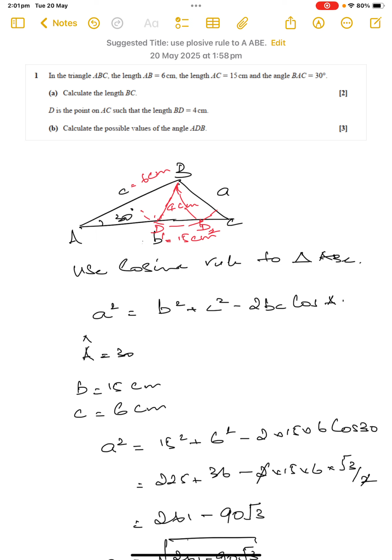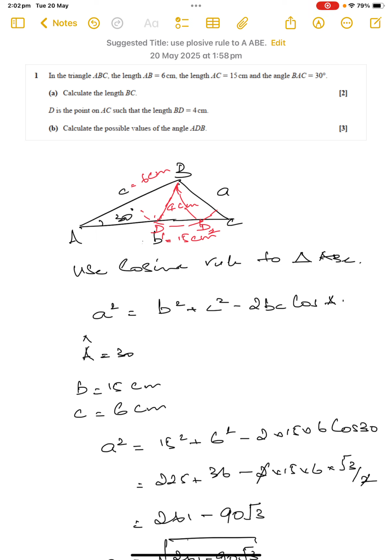Another past question from the Oxford and Cambridge past paper. Question: in the triangle ABC, the length AB equals 6 centimeters, the length AC equals 15 centimeters, and the angle BAC equals 30 degrees.